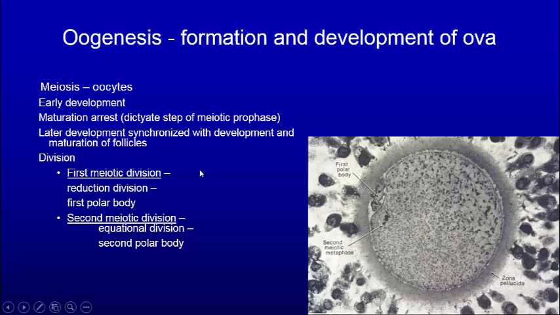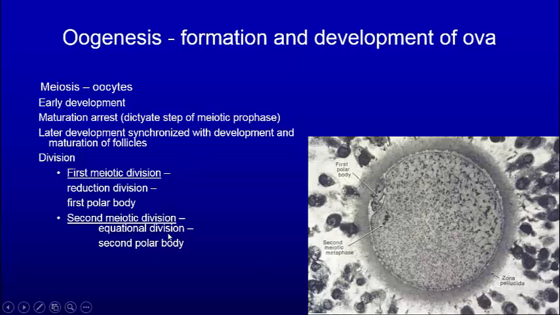The first meiotic division is a reduction division, and that is it pulls two papas away from two mamas. And then the second one is just an equalization division, that is it pulls papa from papa and mama from mama. In oogenesis, it produces three polar bodies.